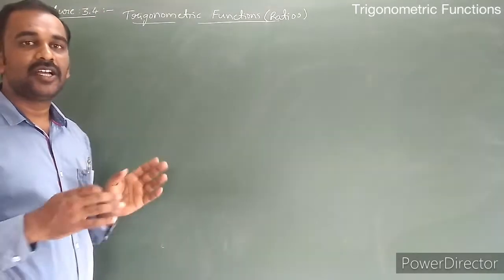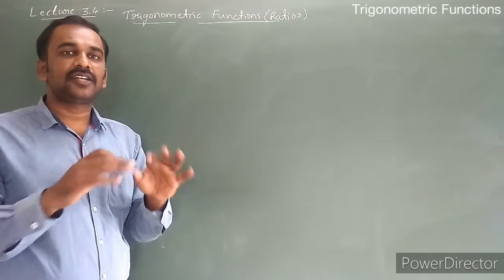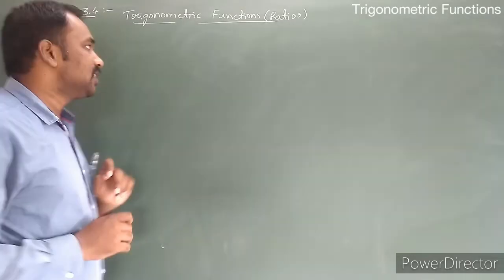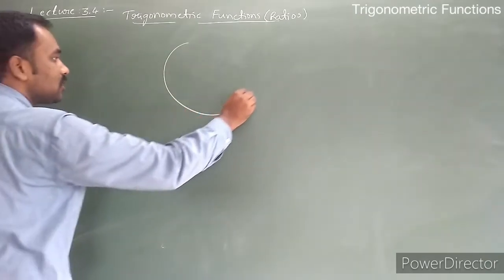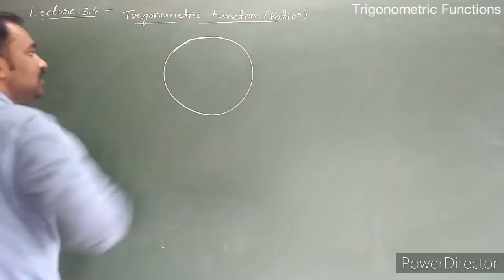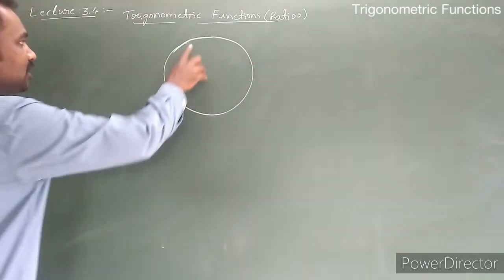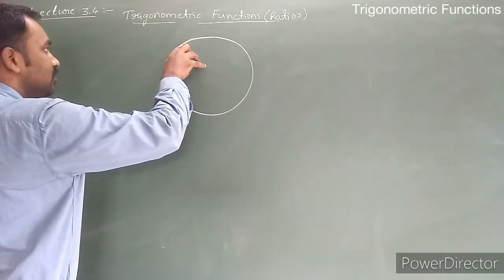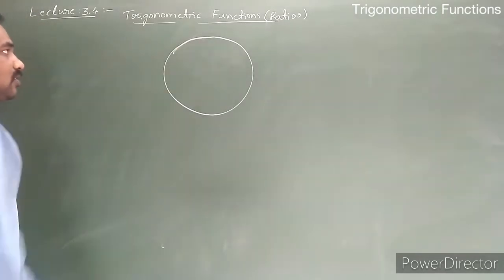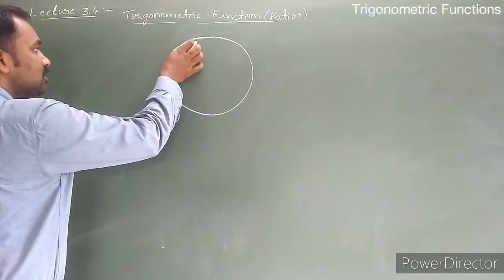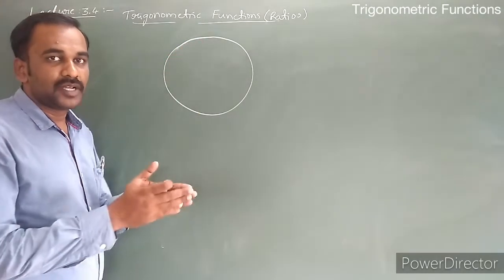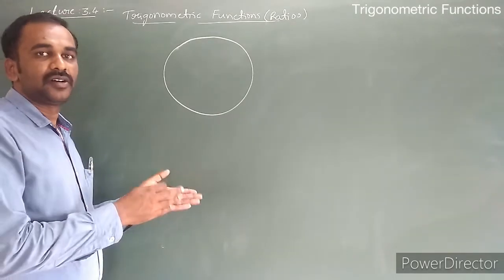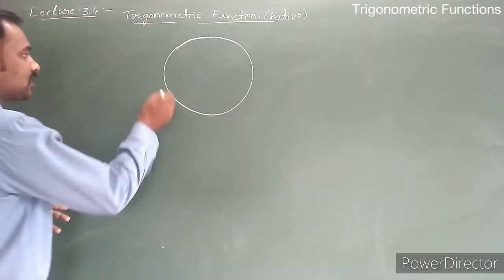Obviously here also there is a right angle, but I will take it a little more elaborately. Consider a unit circle. Unit circle means the radius of the circle is equal to 1 unit. It might be 1 millimeter or 1 centimeter or 1 meter, whatever.